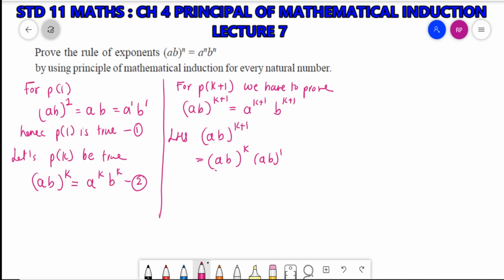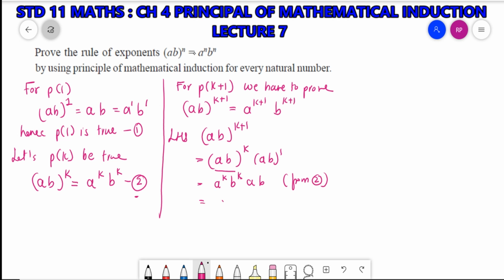Now for (ab) whole raised to k we can use equation 2. So what is equation 2? This will be equal to a raised to k, b raised to k, into a into b. This is from 2.